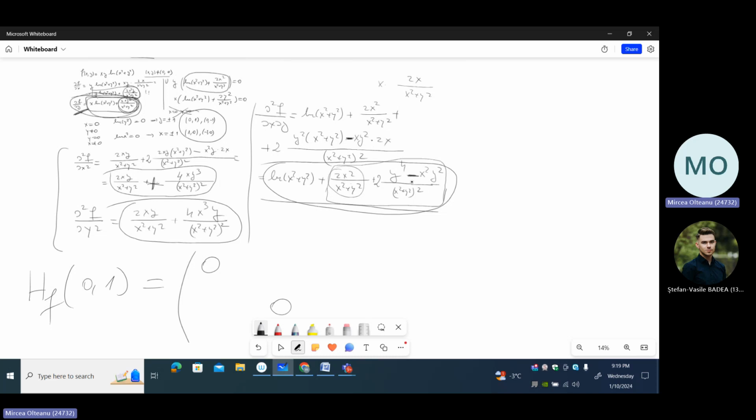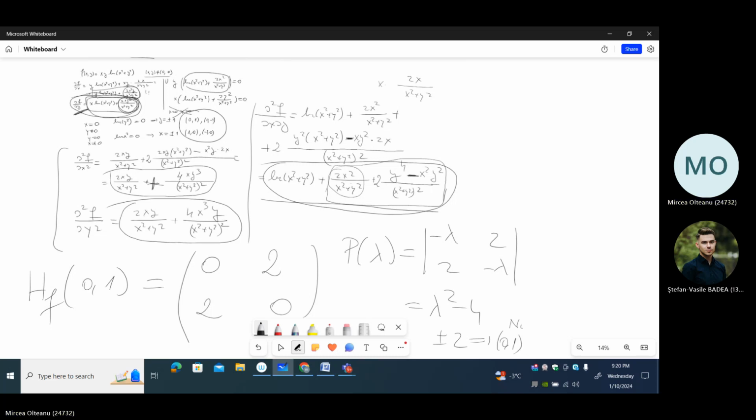Here it's 0. And here we have 2 over 1, so it's 2. The characteristic polynomial will be minus lambda, 2, 2, minus lambda, which is lambda squared minus 4. The eigenvalues here are plus and minus 2. So (0, 1) is not an extremum.